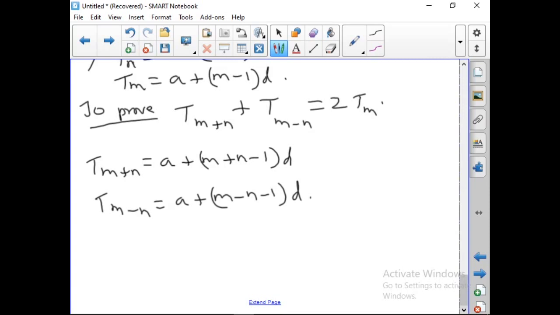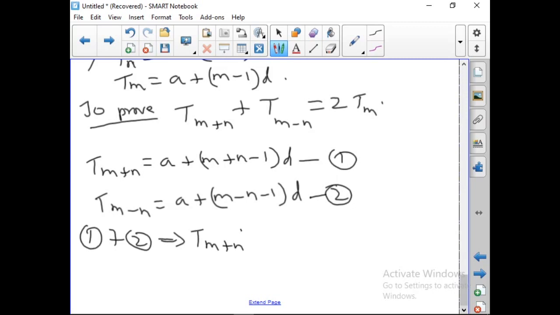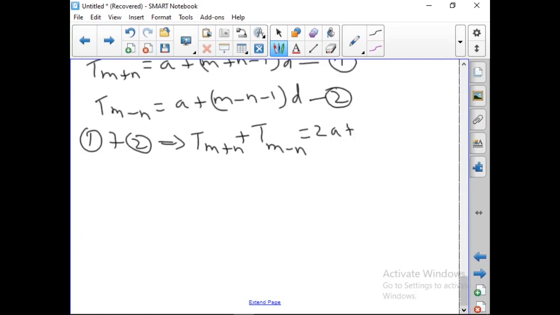So add both. Take this as 1 and this as 2. 1 plus 2 will give you T(m+n) plus T(m-n) is equal to, when you add, 2a plus (m+n-1 plus m-n-1) into d.